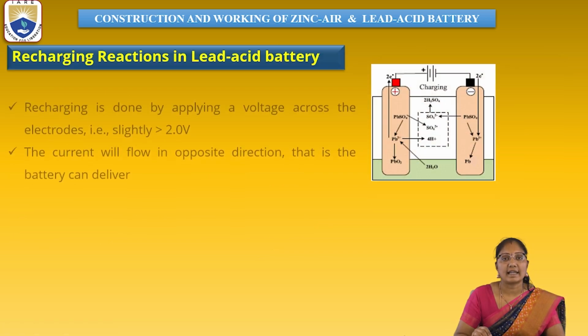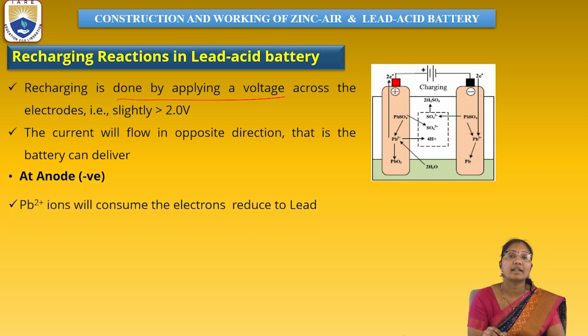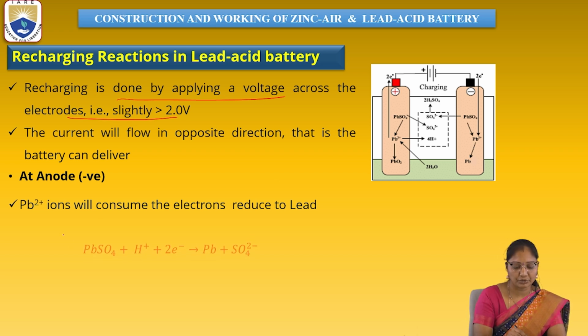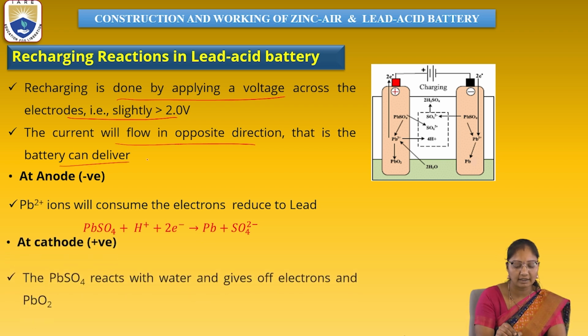So the recharging reactions in a lead acid battery. Recharging is done by applying a voltage across the electrodes that is greater than 2 volts. So the current flows in the opposite direction to that in which the battery delivers current.